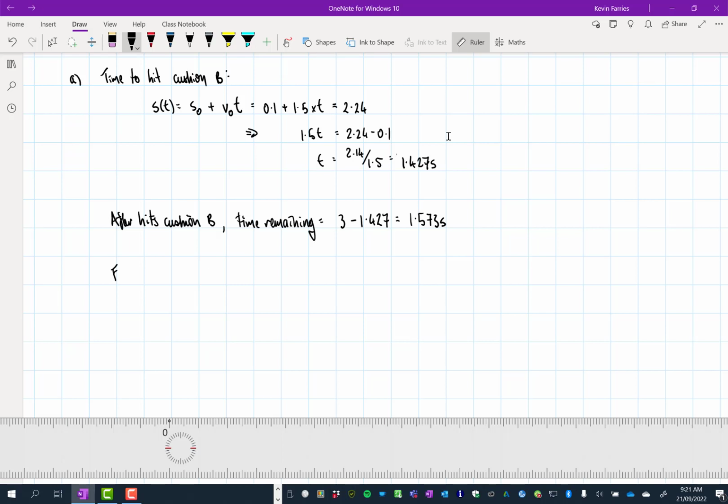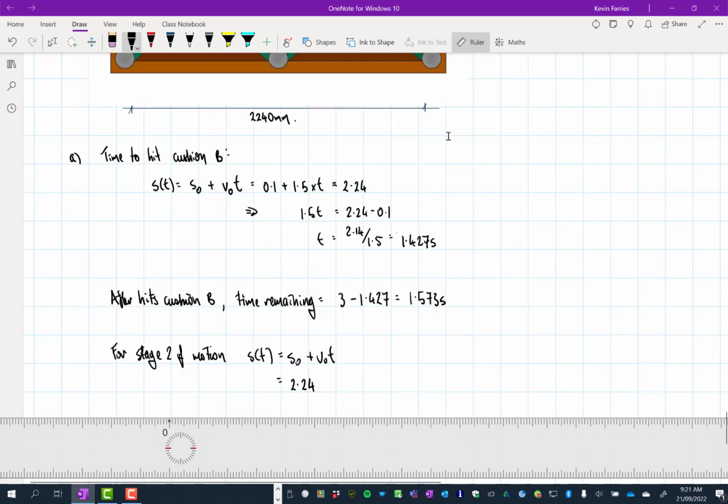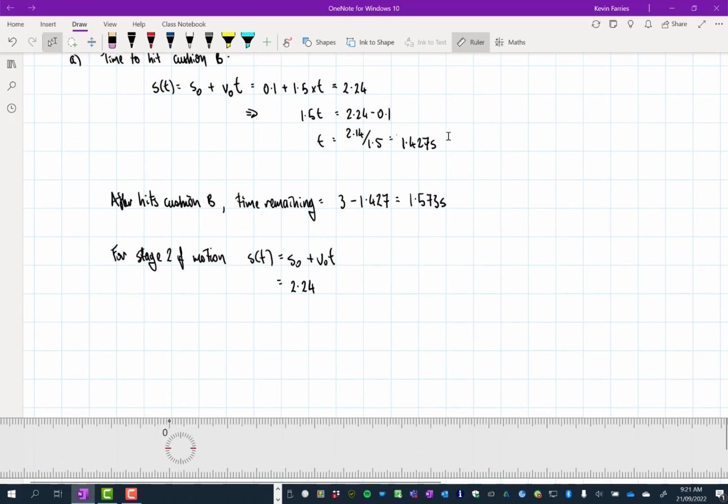So for stage 2 of motion, let's say the displacement at time t is equal to the starting position plus v naught times t. In this case, for this second stage, the starting point is when it's at cushion B, so that is equal to 2.24 meters. And it's heading back the way, so it's going negative 1.25 times t.